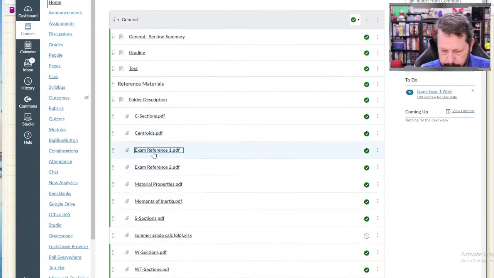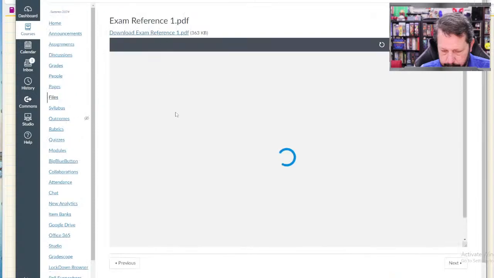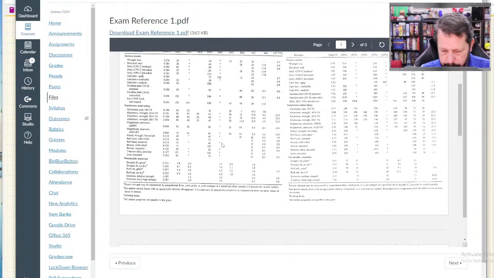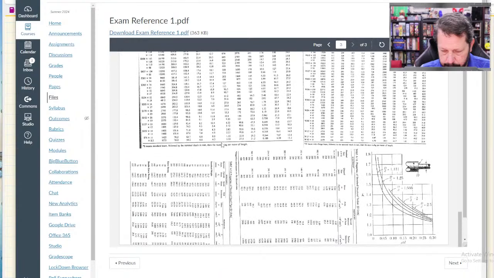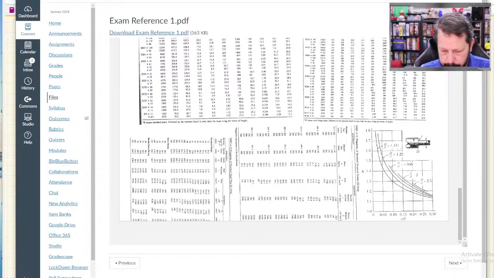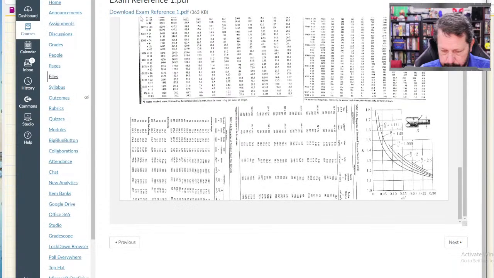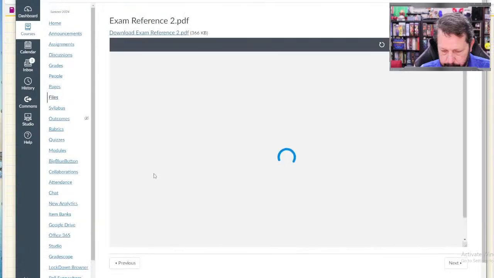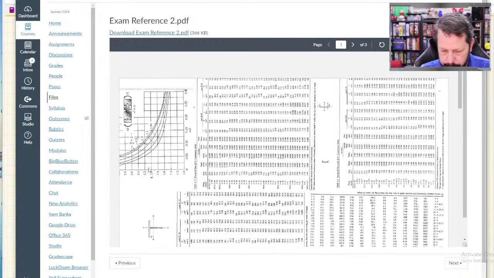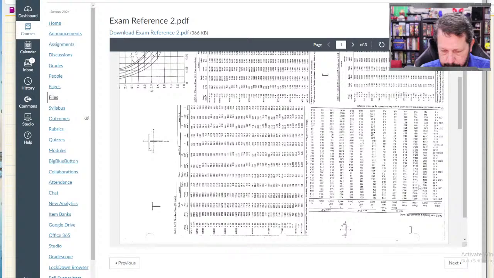So let's go to the exam reference and find the C table in there. I don't know which one it's in. I don't see it in 1, so let's look in 2. There's a C, but it's the one that we just looked at. All right, it's there.